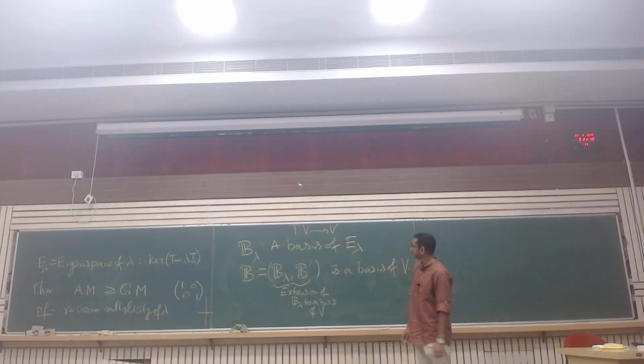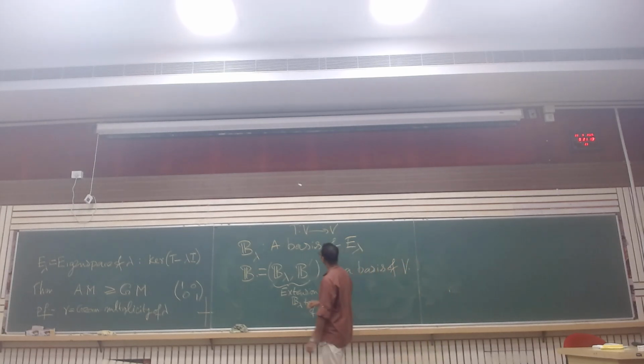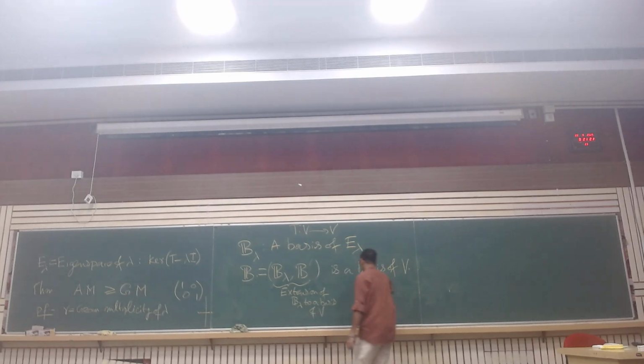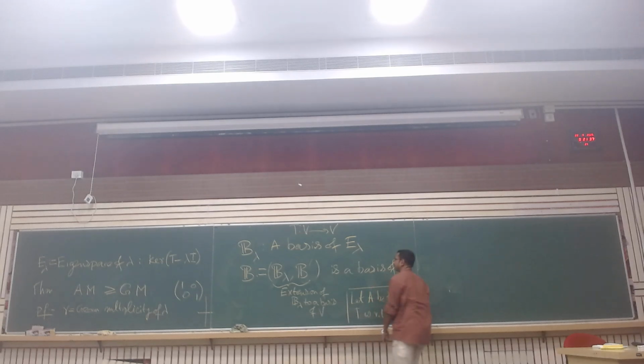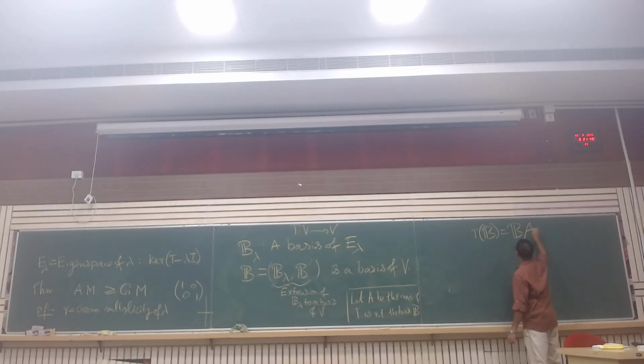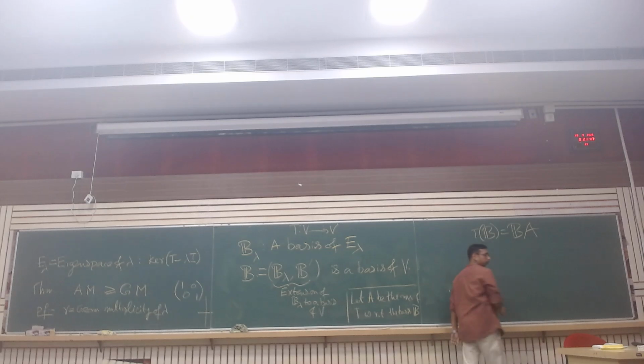Okay. Now what are we going to do? We are going to write the matrix of T in terms of this basis. Okay. So let's write it here. Let A be the matrix of representation of T with respect to the basis B of V. Okay. That means T of B is equal to BA, right?